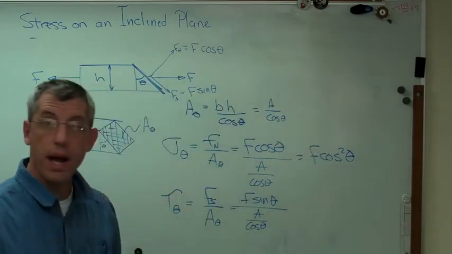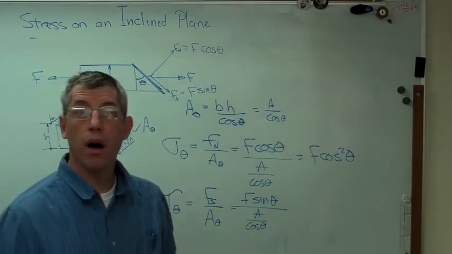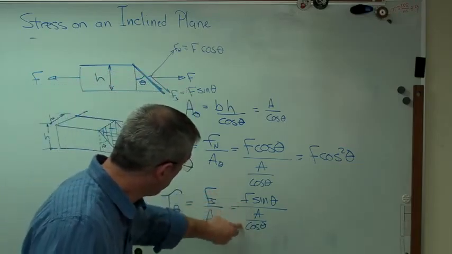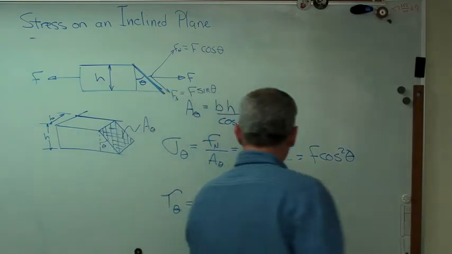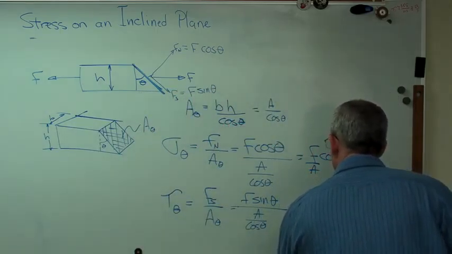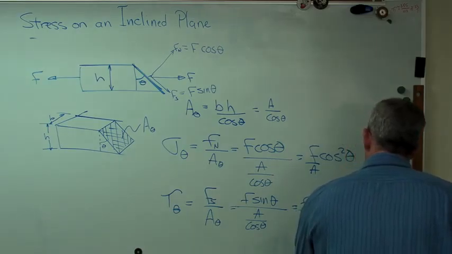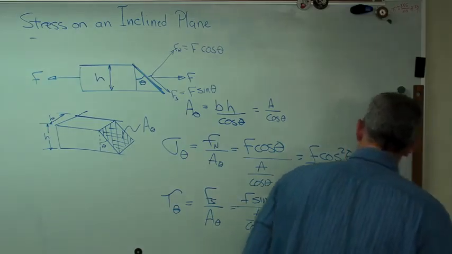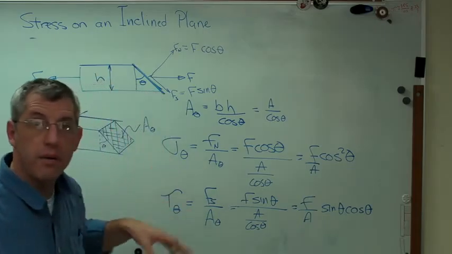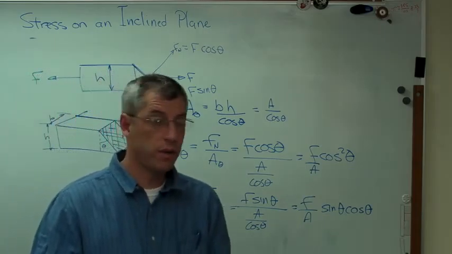Remember, it's just using the definition of shear stress, shear force over an area. And what I get then is F over A sine theta cosine theta, right? All we did was use the definition of stress, force over area.